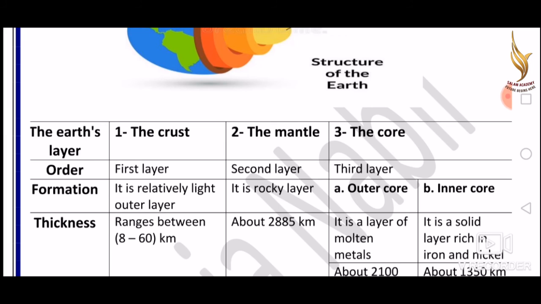The second layer is known as mantle, and it is a rocky layer, and the thickness is about 2,885 kilometer. And the third layer consists of 2 layers, outer core and inner core.